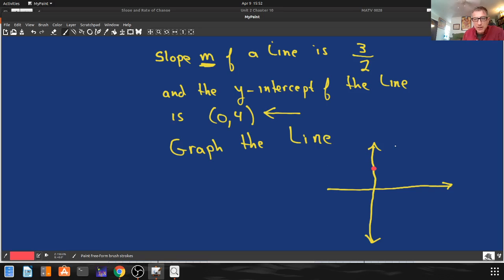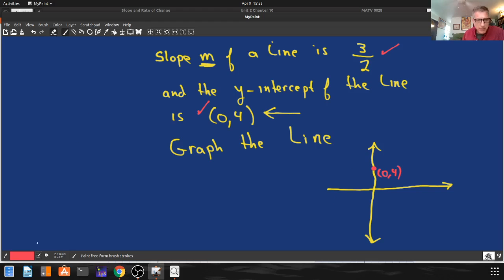I really need another point, either up here somewhere or down here somewhere, so I can draw with a straight edge through that point that I know. This is my y-intercept. So how do I do that? Given the slope and a single point, and for now it's always going to be the y-intercept, how do I find that other point?